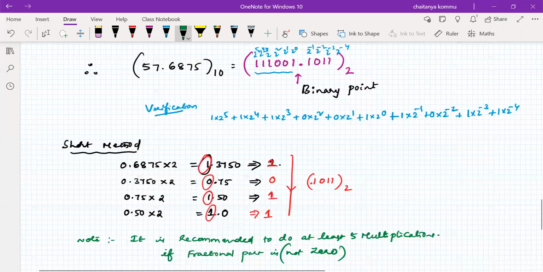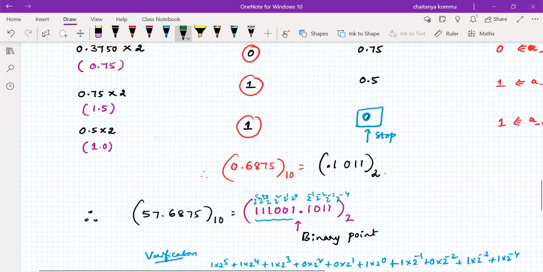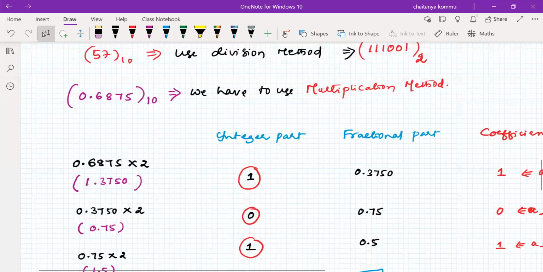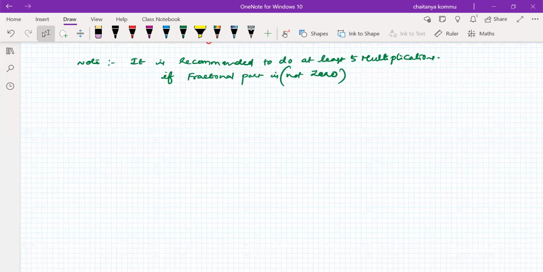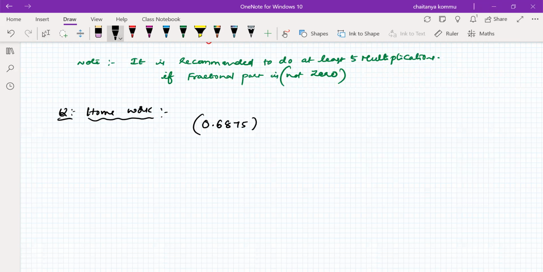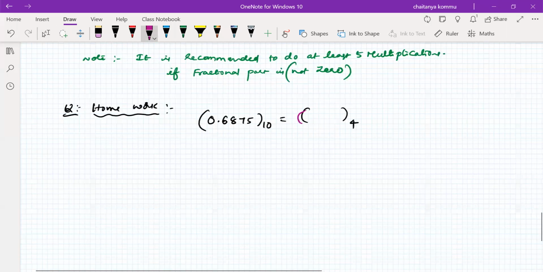Do you have any problem related to this? Can you do the same fractional part conversion for any other number system? Please try to do it at home. Homework: convert 0.6875 of base 10 into base 4. I need base 4. Please don't neglect to do this.